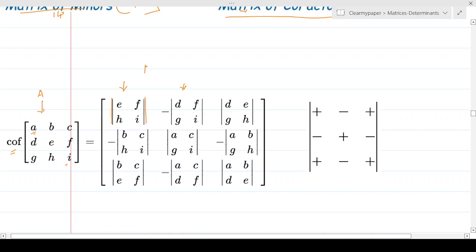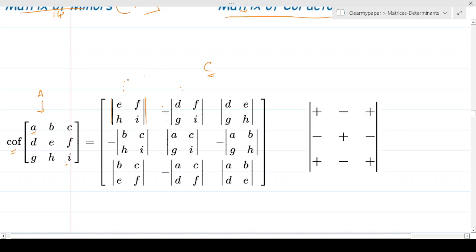So this is M. When you throw these algebraic signs in the mix, this whole effect is nothing but a matrix of cofactors, right? So without these signs, this is just a matrix of minors.